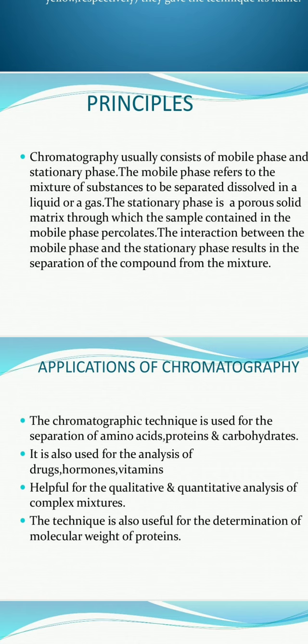So the basic principle of chromatography is the partition coefficient, meaning the interaction between the mobile phase and the stationary phase results in the separation of the compounds from the mixture. So these are the basic principles of chromatography.